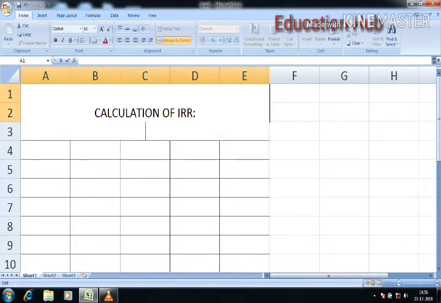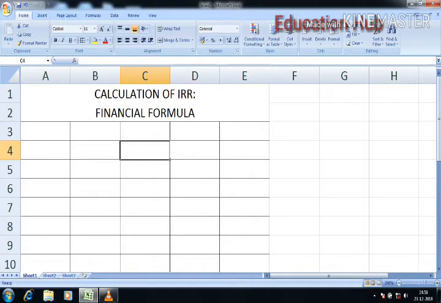Please remember Alt+Enter. Then within the merged cell, you can come to the next line. Here I am writing financial formula. Okay, now I press Enter, that means I am coming to the next cell.